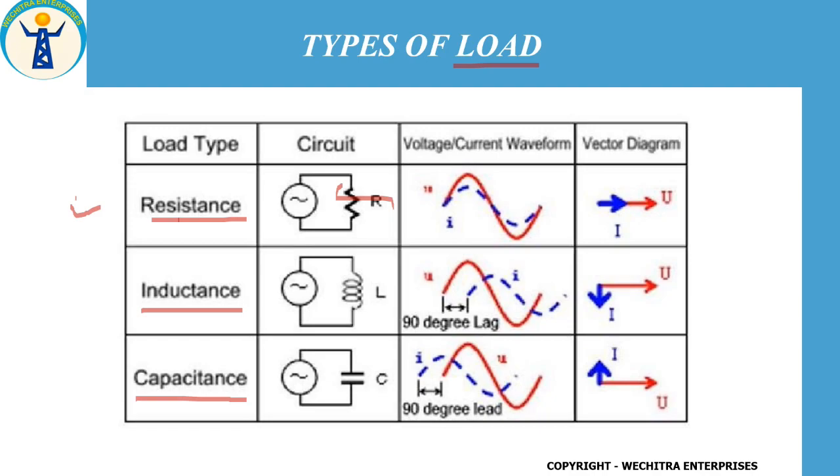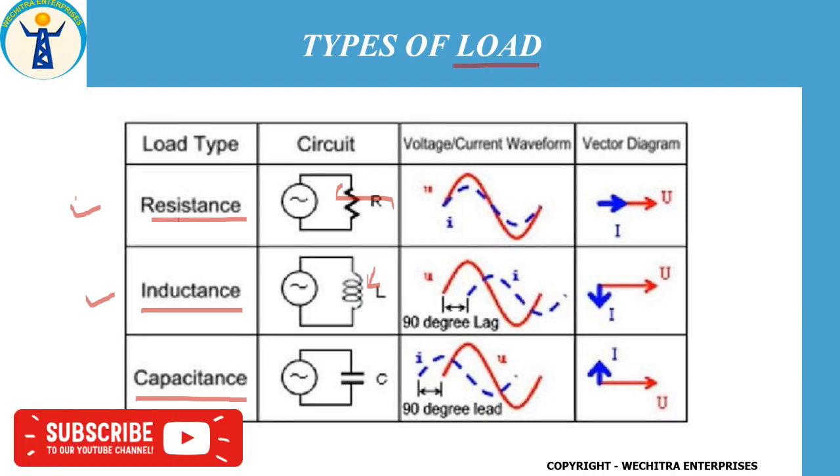Now coming to inductive load. Inductance is a property of a coil which opposes the change in current. Most loads which have coils in them, like motors, transformers, fans, compressors, and washing machines, have inductance. These are inductive loads. Here you can see the circuit diagram and the symbol for inductance.